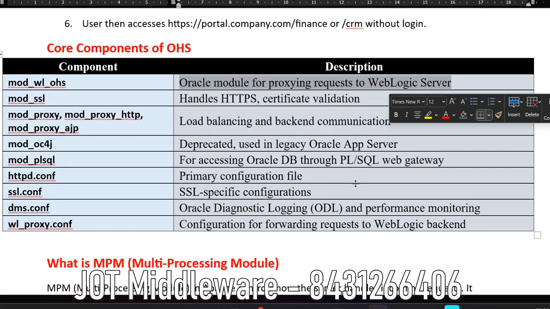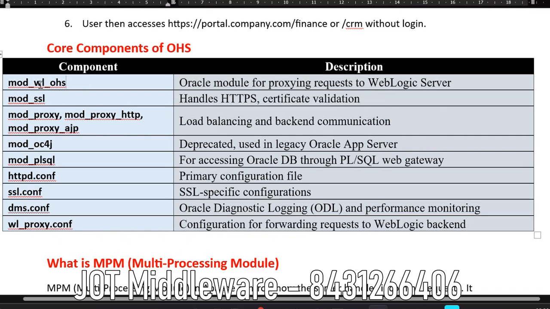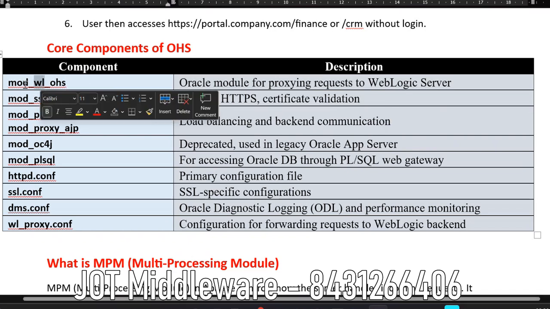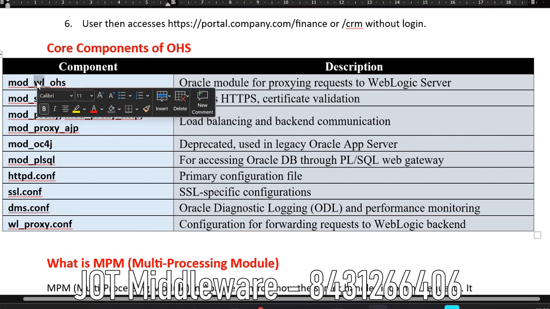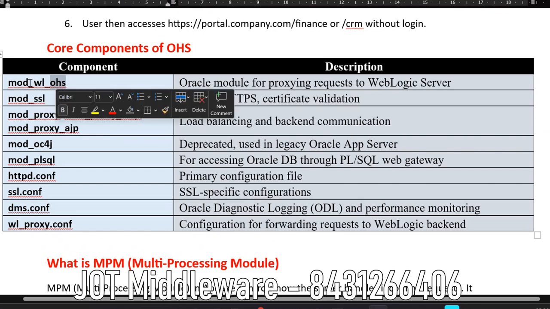It is a mechanism used for load balancing and workload management. So the same module, but Oracle specific, Oracle WebLogic specific module. Module WebLogic OHS. So this is an integration between OHS and WebLogic.